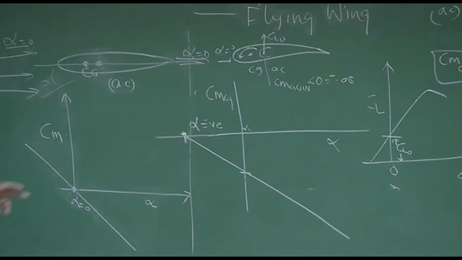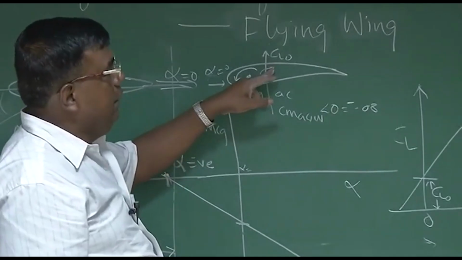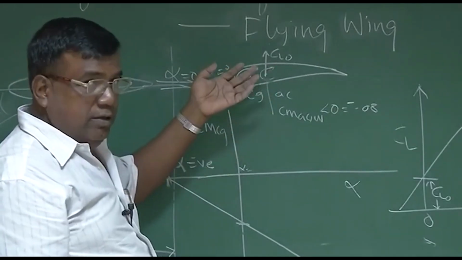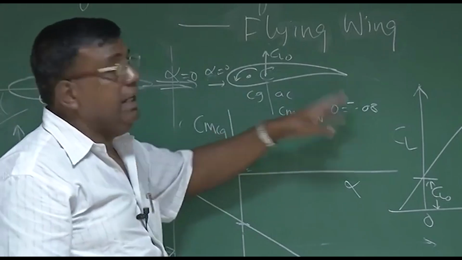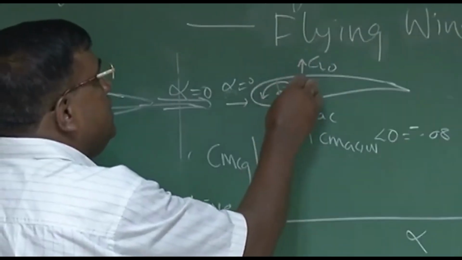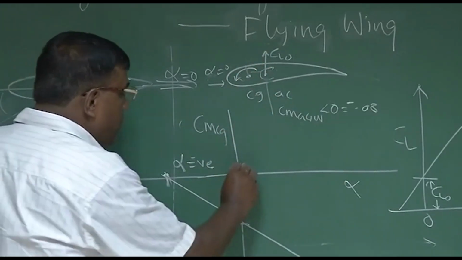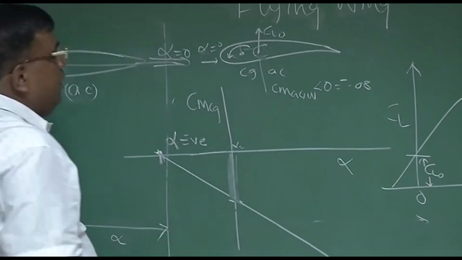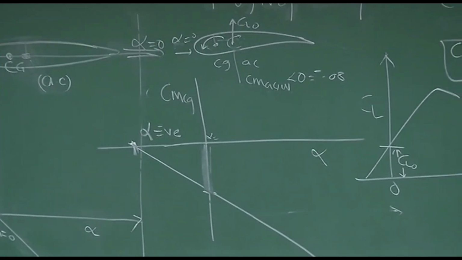Please understand, whenever I write CMAC wing, I give clockwise arrow as a matter of convention for a positive direction. But I know by number the CMAC wing is negative, right? So this CMAC wing and CL naught into this distance, non-dimensionalized, that will give a nose down moment. So we know that at alpha equal to 0, I will get a negative moment. My problem is now I don't get a positive angle to trim.